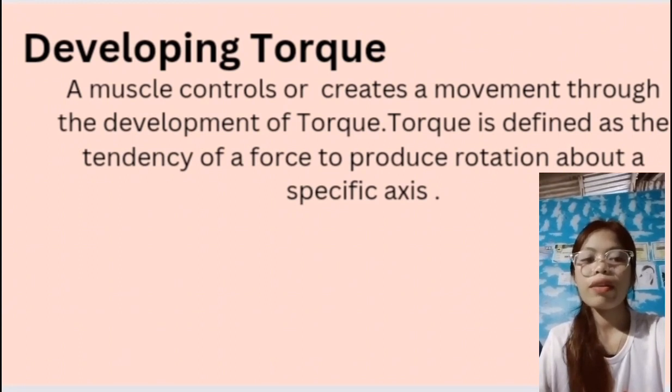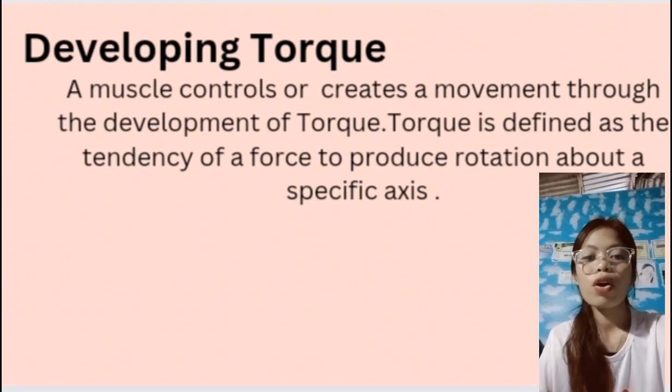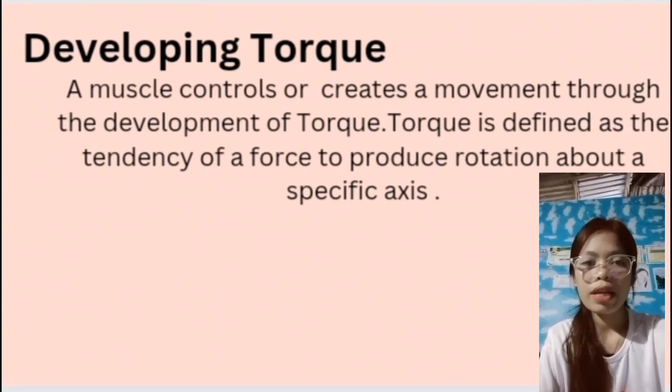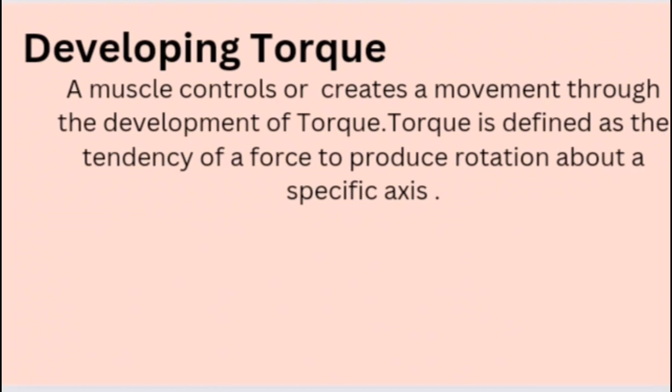Torque is the product of the force applied and the distance from the axis of rotation. Muscles control and create movement by developing torque. The force generated by the muscle, when applied at a distance from the axis of rotation, creates a rotational force that can move or stabilize body parts.